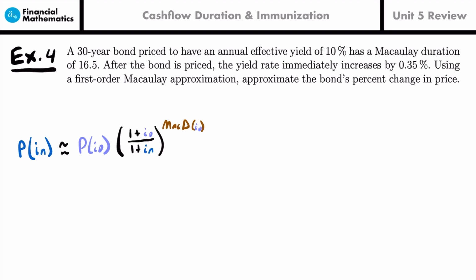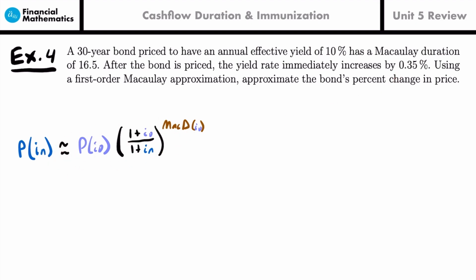Okay, so we're going to be using this formula, but we're not just going to be approximating the price, we are going to be looking for the approximate percent change in price, and we'll talk about that in a little bit.